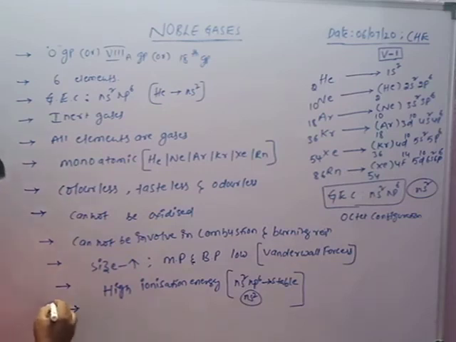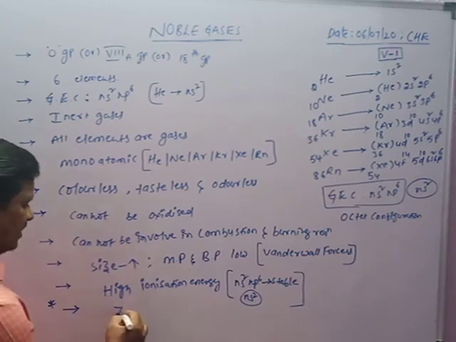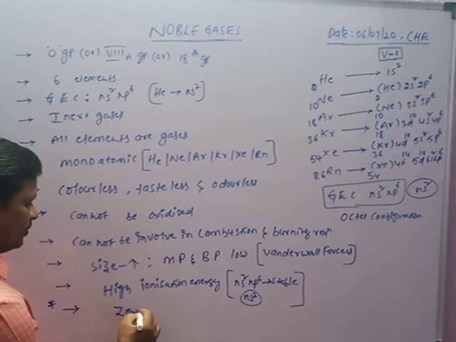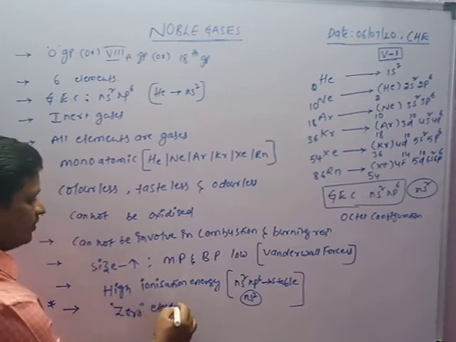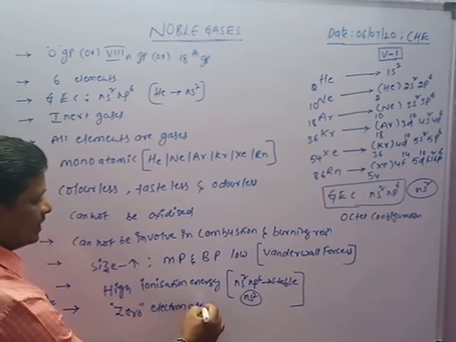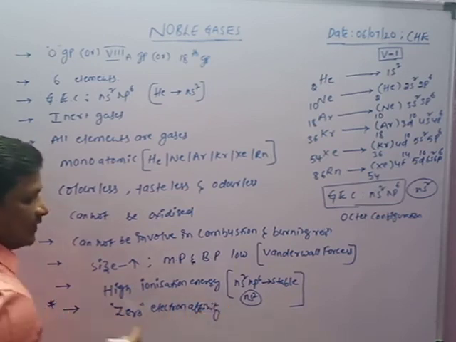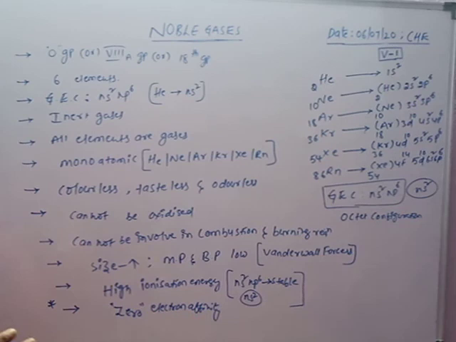Now the next important point: electron affinity values are 0. So these elements have zero electron affinity. What is electron affinity? The amount of energy released when an electron is added to the outermost orbit of the atom.